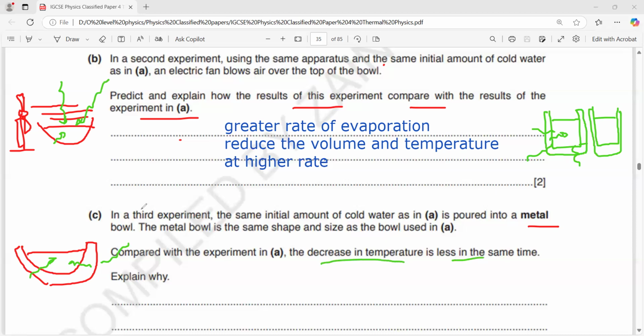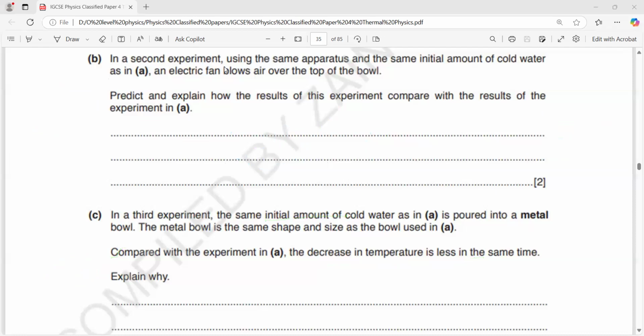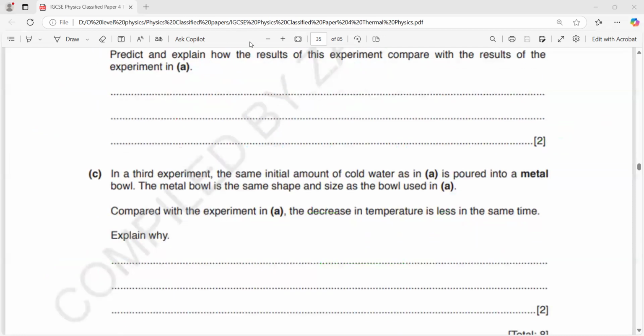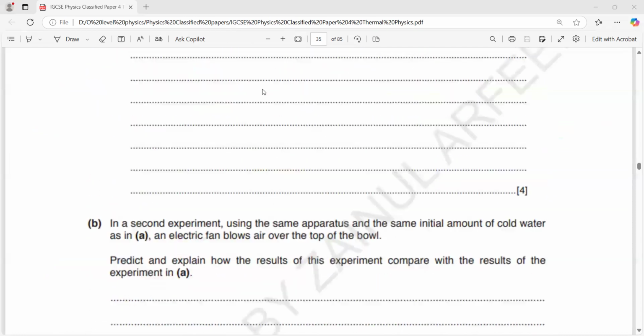As you can see in the third experiment, the same initial amount of cold water is poured into a metal bowl, and the bowl is the same shape and size. Compared with experiment one, the decrease in temperature is less in the same time. What is the reason for that? The reason is that metals are good conductors, so they transfer a greater amount of heat energy to the water.